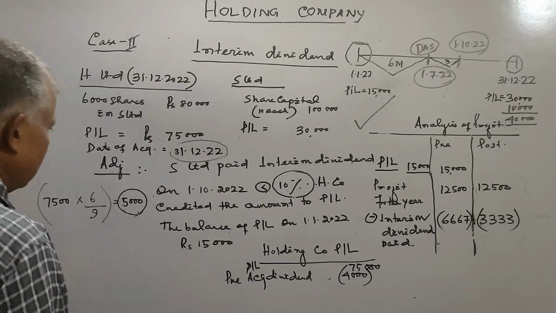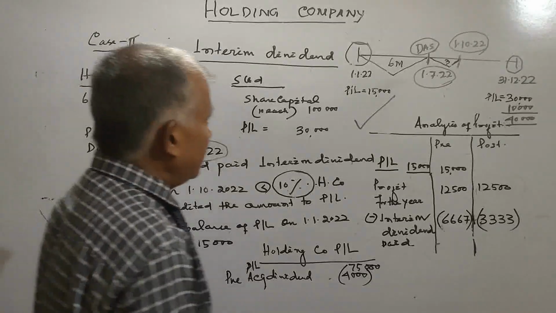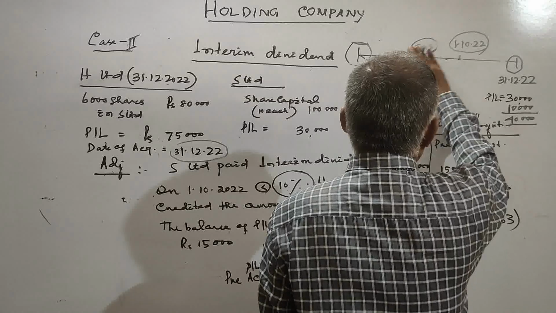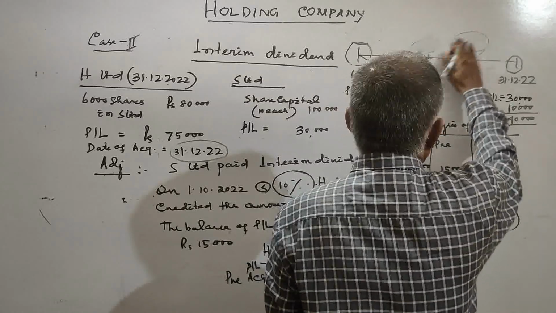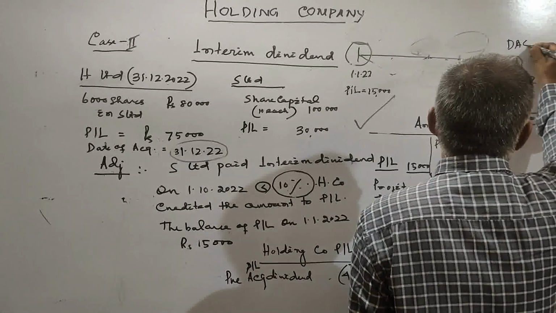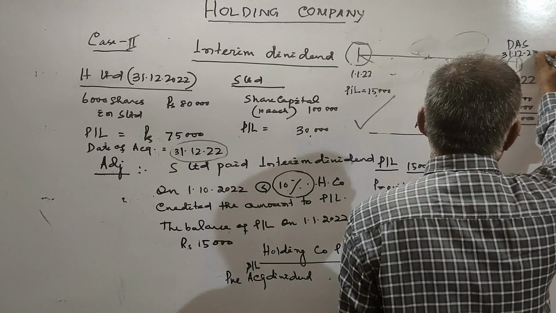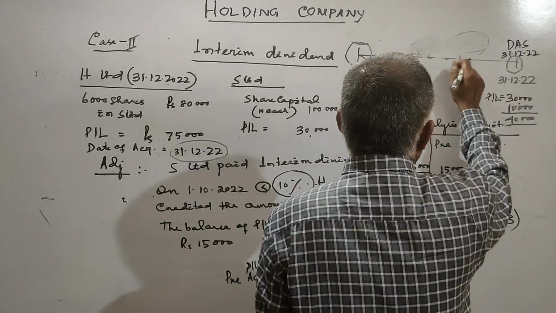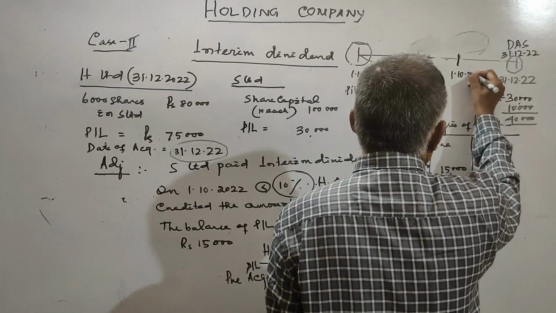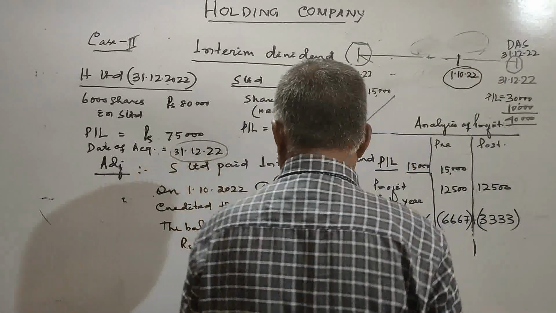That means your date of acquisition of share is 31/12/22, and dividend is paid on 1/10/22, say rupees 10,000.